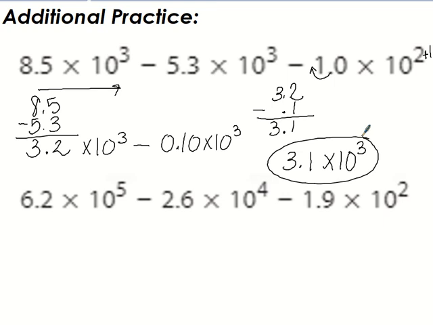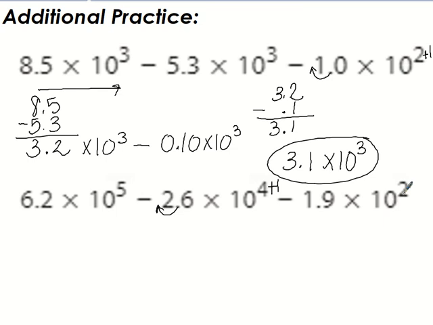Now in this case, we actually have all 3 different exponents, which means we're going to have to move 2 of them or all 3 of them so that they match. I personally always like to move my exponents to the biggest number. So in this one, 4, I'm just going to add 1, so I'm going to move it once.